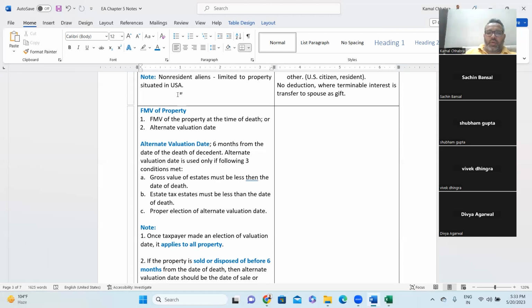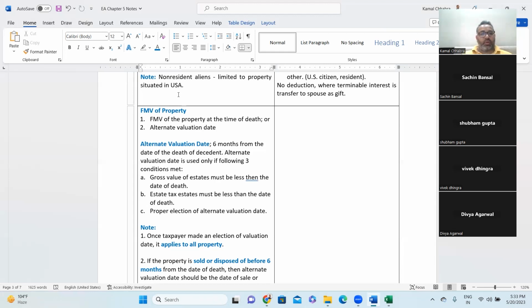First one is the gross value of the estate must be less than at the date of death. That means when you are choosing the alternate date for the fair market valuation, then the fair market value of the estate must be less than at the date of death. Are you getting my point?